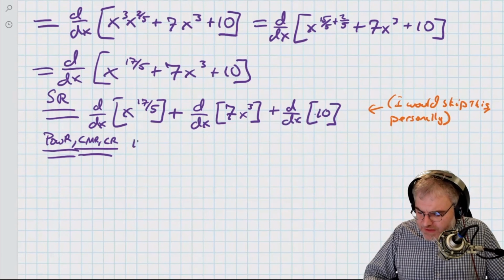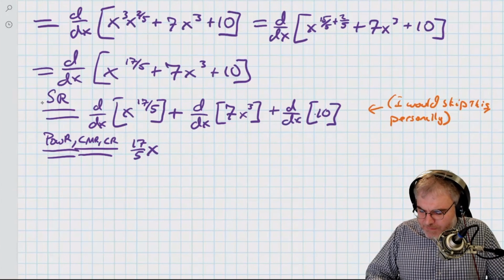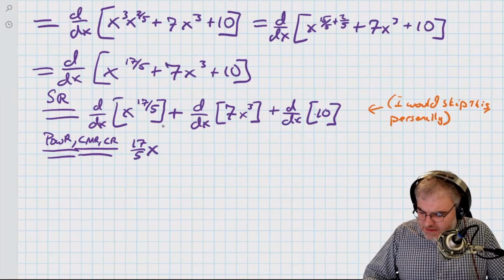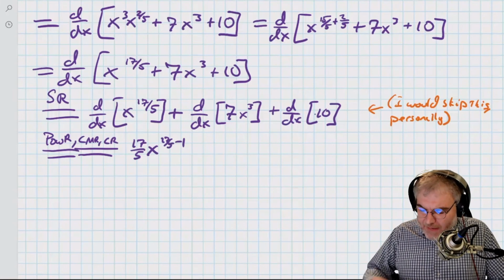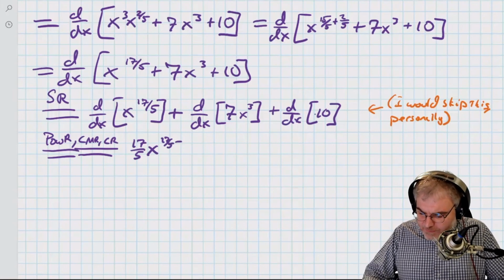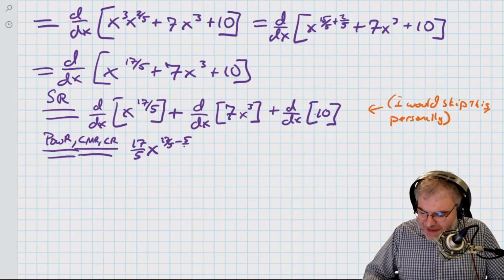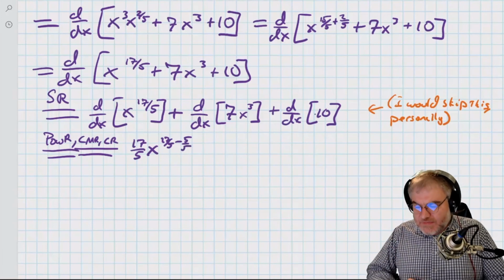Now I'm going to do 17 over 5 x. So again, normally I would skip this step. I'd do all of these at once. 17 over 5 x to the 17 over 5 minus 1. I would not skip that step. I might do 5 over 5 just for my own sake, but I would not skip the step entirely.